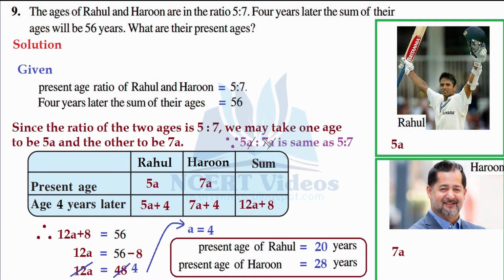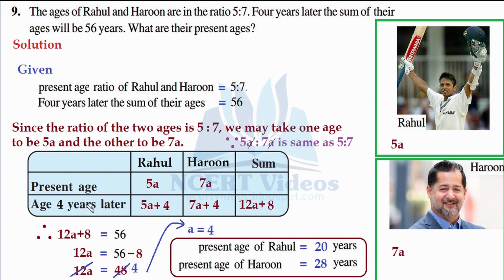Our ultimate aim is to keep the ratio balanced, that is, its value should not change. It's the same as 5:7. And why did we take small letter A only? Again, for a very known reason: A represents age. And we have to take a small letter because variables are represented in small letters.